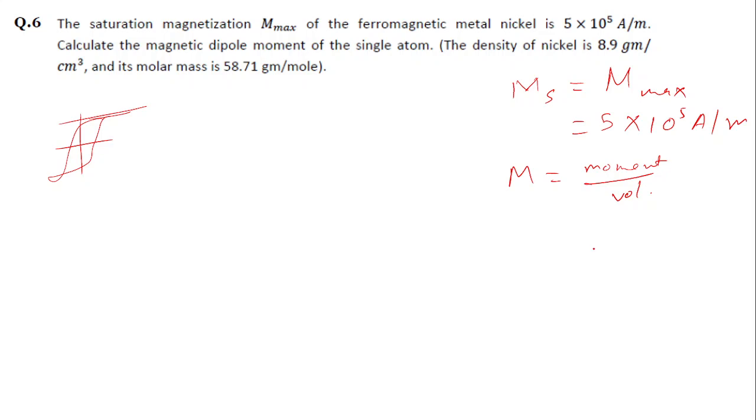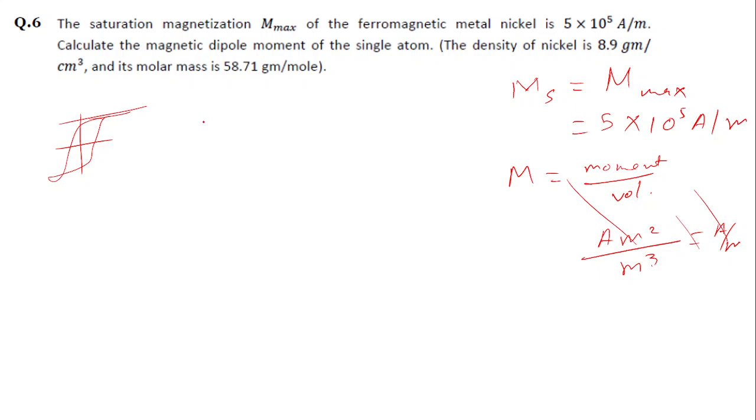Moment is ampere meter square, divided by volume meter cube, and what will it become? Ampere per meter. So magnetization is in ampere per meter, and this was extra information. So this is the value of saturation magnetization for ferromagnetic metal nickel.